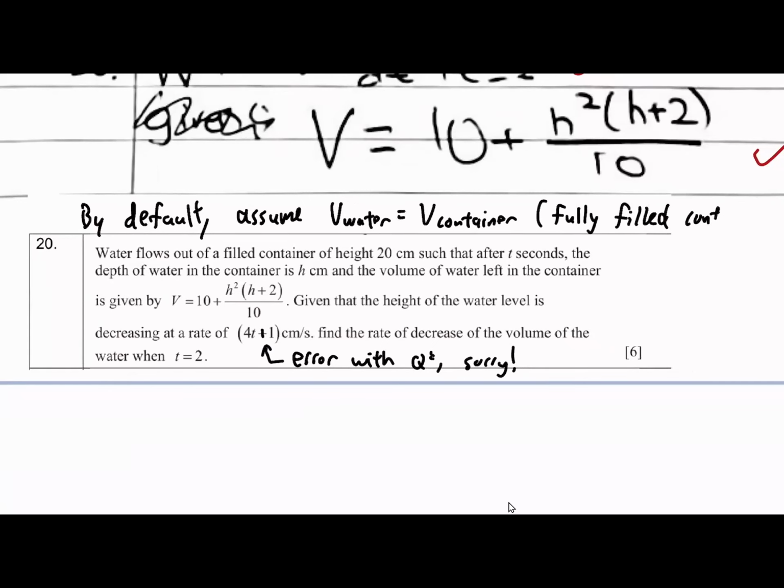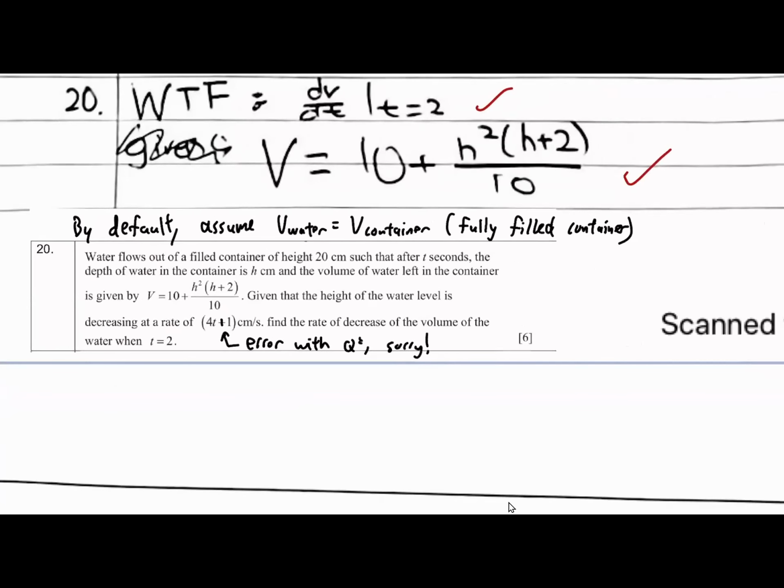Then you slowly let the water leak out. What does this mean? It means that at t equals 0, at the very beginning, the V must be exactly equal to the volume of the container.